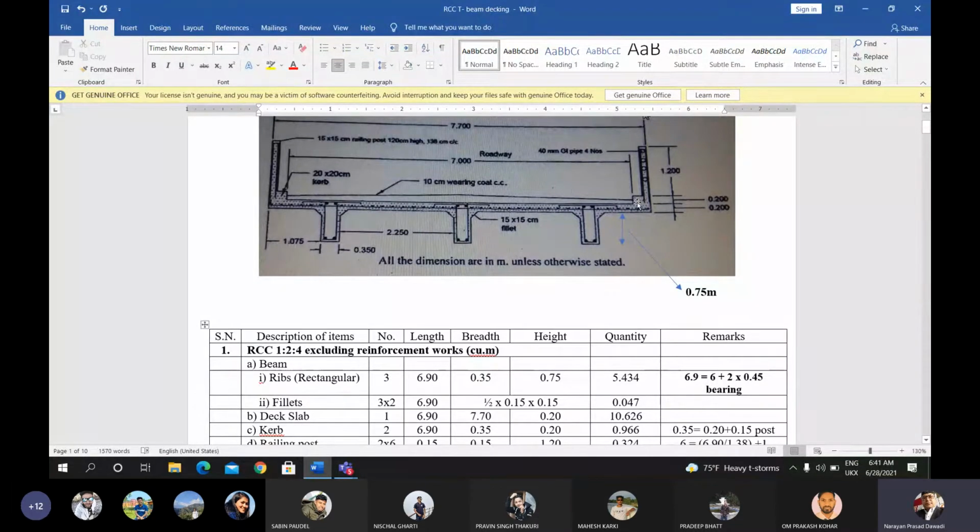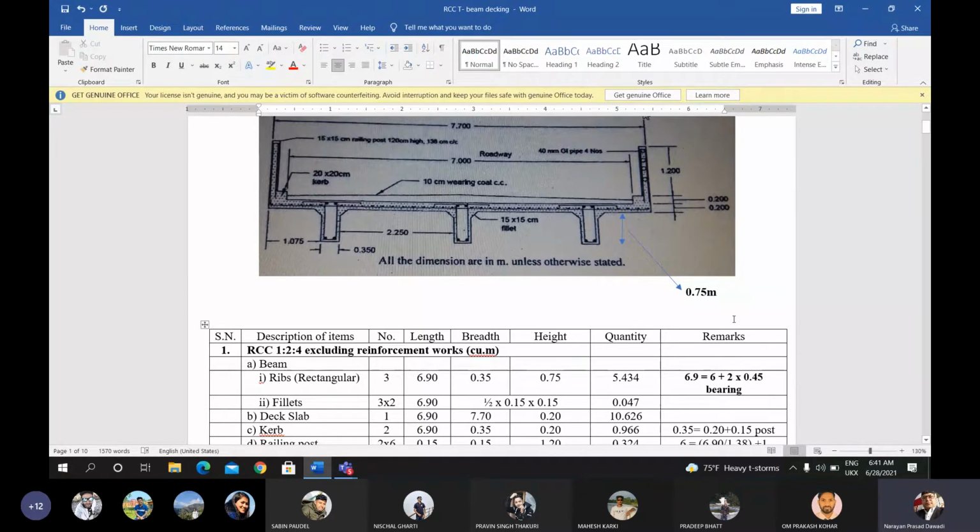In between the curbs, the width of the wearing coat is equal to the width of the roadway, that is 7 meter. And the length is similar to the length of the bridge, that is 6.9 meter, along the longitudinal direction. Along the cross section direction, the width is 7 meter.